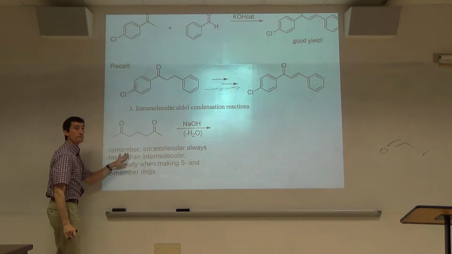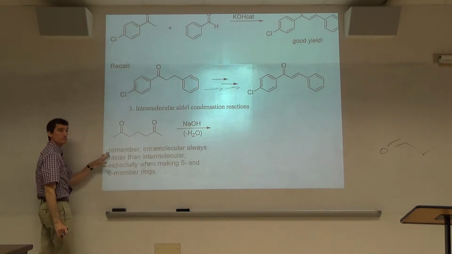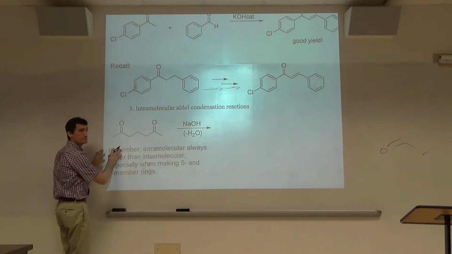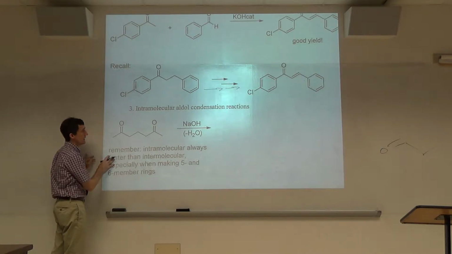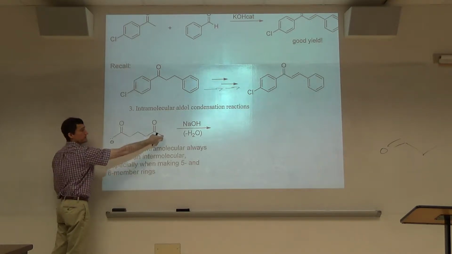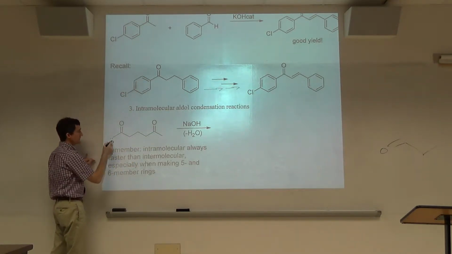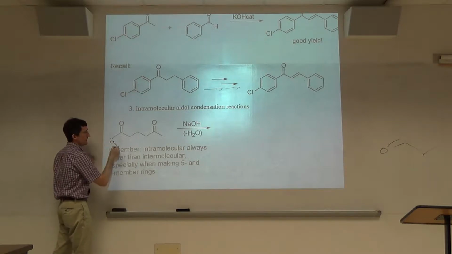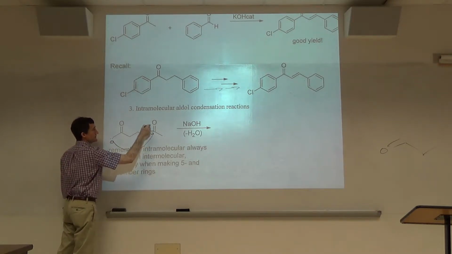Why 6? Jason, did you say 6? Why 6? What's going to do what? The outside carbon is going to attack the carbonyl. Make enolate here? Yes. Or there, it's the same thing. And this can attack what? Carbonyl. Attack over there. What size ring are we making?